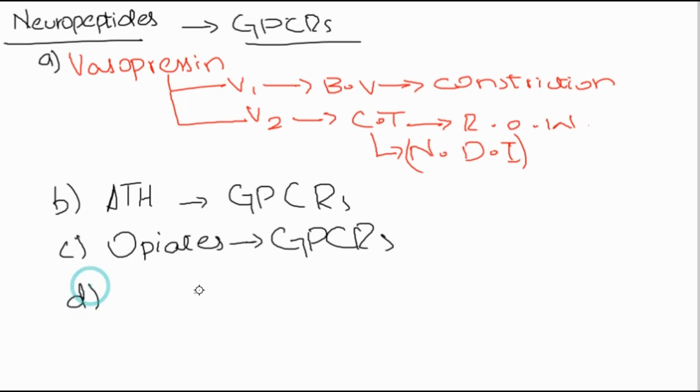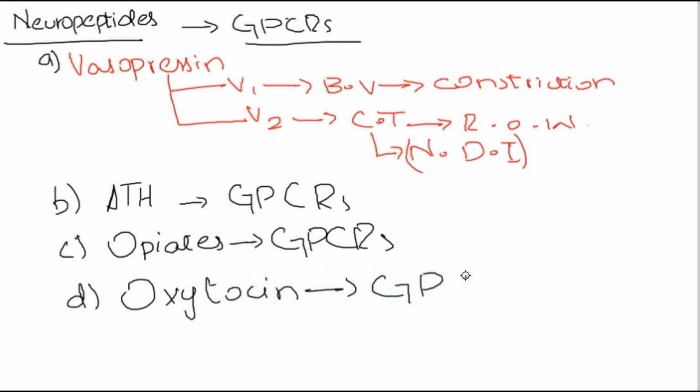And oxytocin also works through G protein coupled receptors. So basically these are the systems, ligands and hormones, and the different parts of the body which have G protein coupled receptors and which act by G protein coupled receptors.